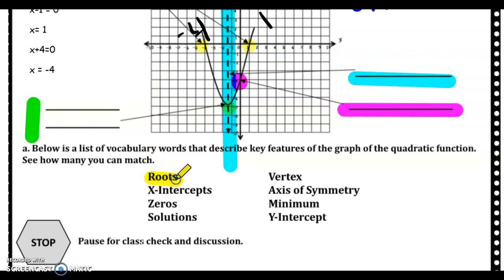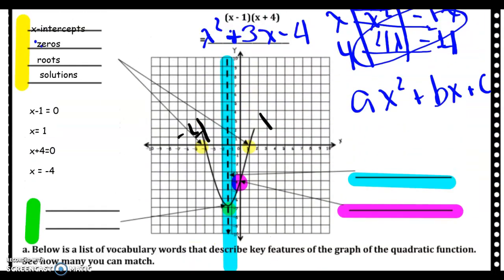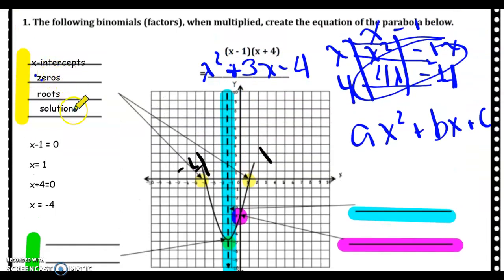Roots, because that's where we see it in the factors. X-intercepts, because that's where it crosses the x-axis. Zeros, because y equals 0. And solutions, because we have to solve the roots to find where they actually are going to be on that graph. So our first key feature is our x-intercepts, which go by 3 other names.